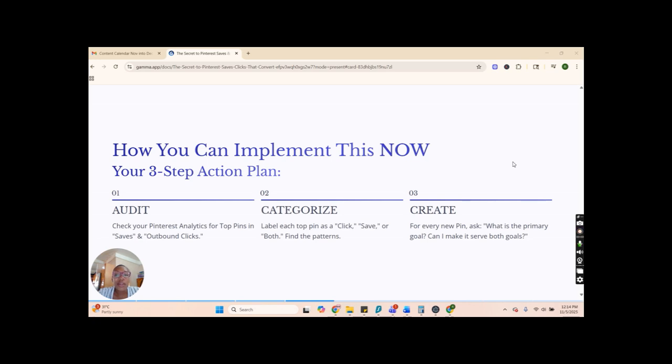So basically, you need to ask yourself, what is the primary goal? Can I make it serve both goals, right? But first you need to analyze the pins. You can analyze 30 days of pins or your 60 days. It doesn't matter, all right? And you decide which one works best for you.